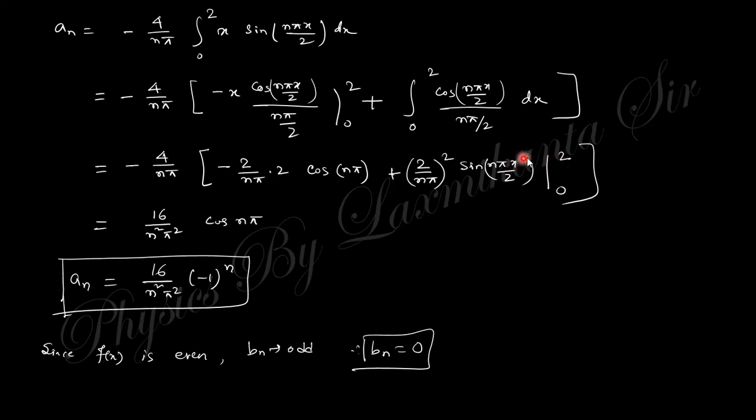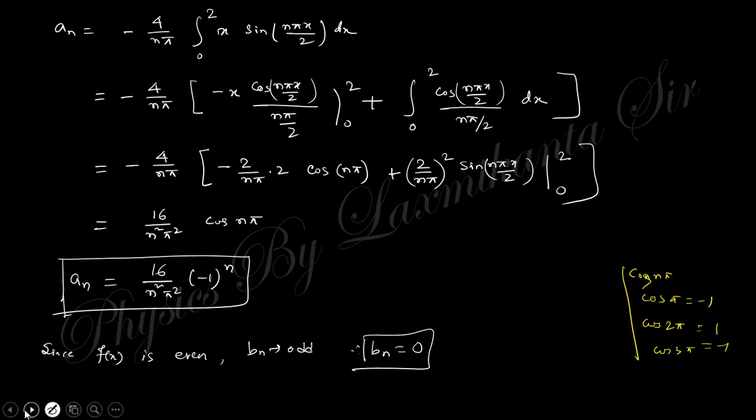When we put x equal to 2, this is sine n pi, this is also 0. So only the remaining term will be cos n pi, and you know cos n pi is nothing but minus 1 to the power n, because cos n pi, put n equals 1, so cos pi, which is minus 1, put n equals 2, cos 2 pi, that is 1, cos 3 pi, that is minus 1, and so on.